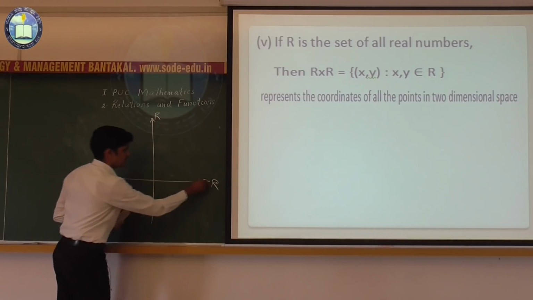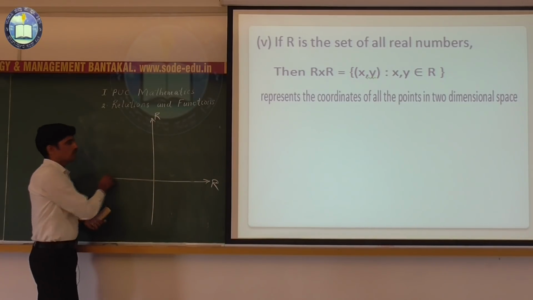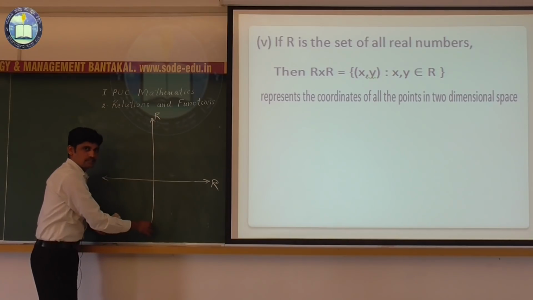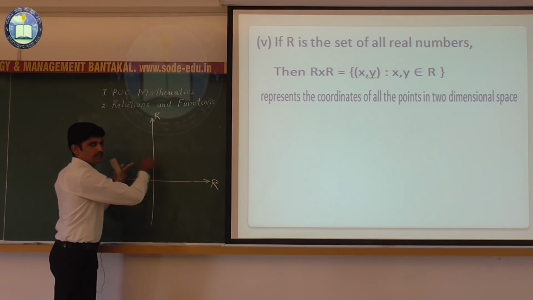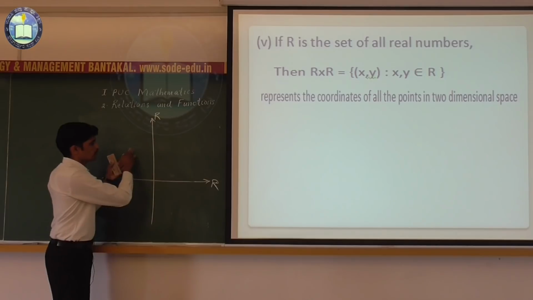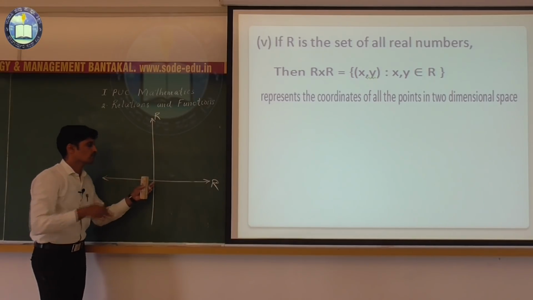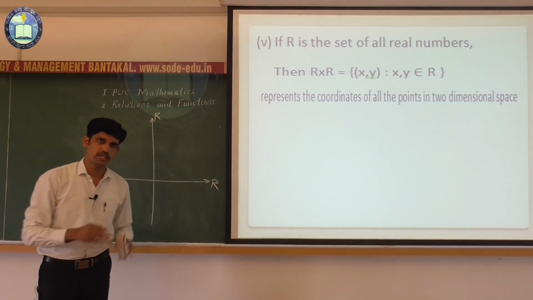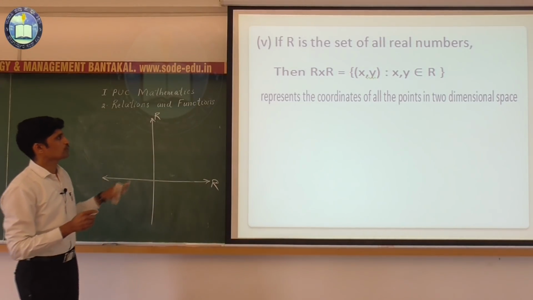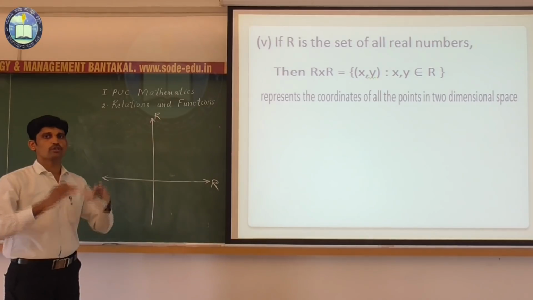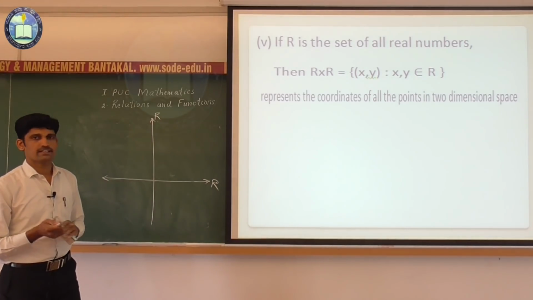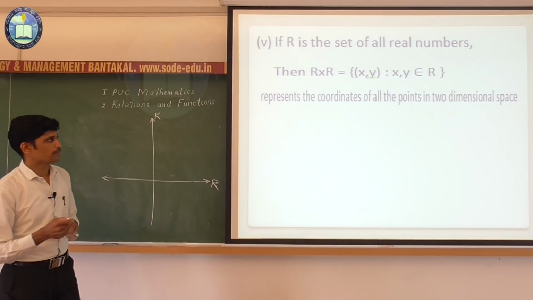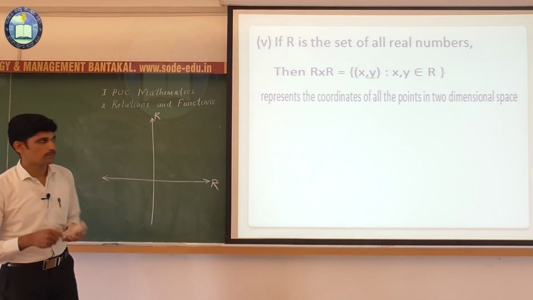And if you choose all the elements of the first set R and all the elements of the second set R, and if you draw the vertical lines and horizontal lines, then the points of intersection of these vertical and horizontal lines give you the complete two-dimensional plane. Therefore, R cross R is equal to the set of all points (x, y), where x and y are real numbers, and represents the two-dimensional plane.